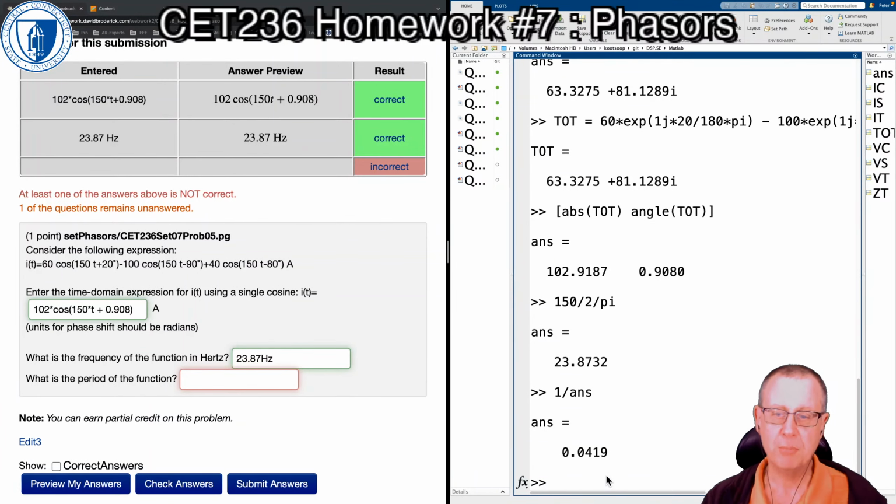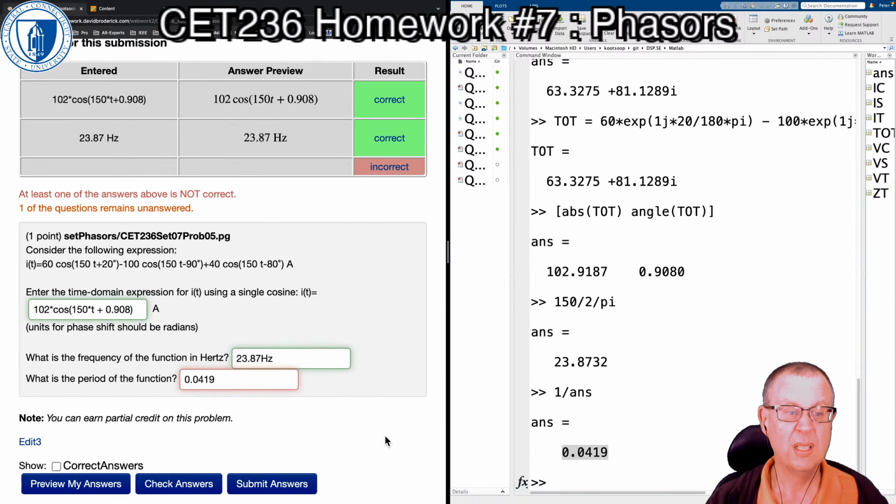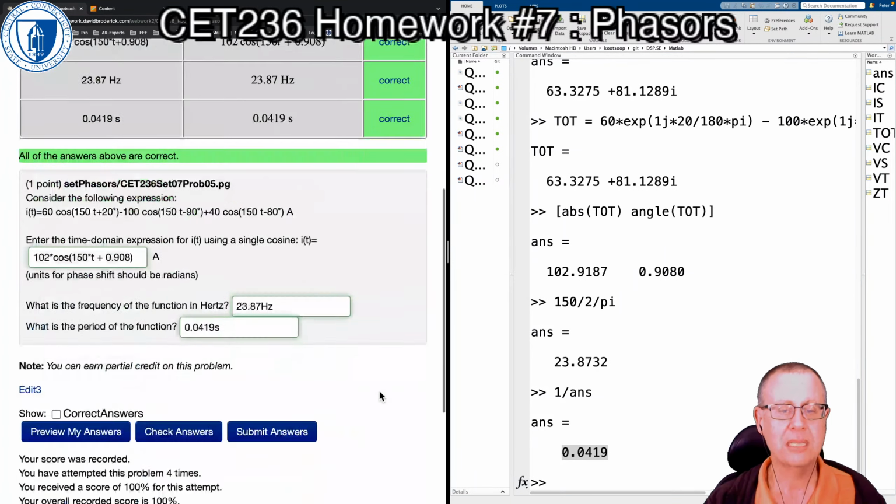So the period is 1 on that seconds per cycle. So let's just take that number there, 0.0419 seconds, and let's see if that works. And that looks good.